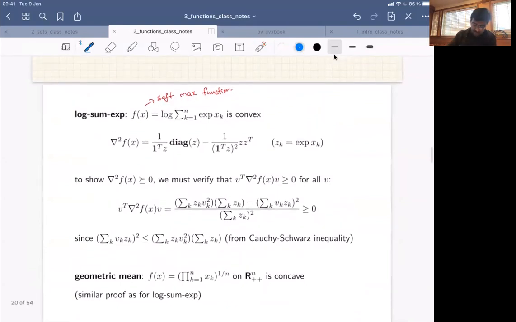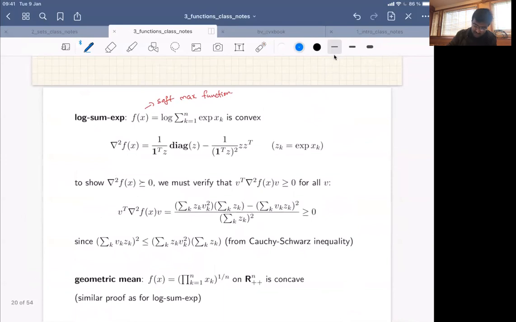Why? For example, you have x1, this guy, to be 1, 5, 10 or something, then you are taking the exponential of this. In this sum, of course, the largest guy will dominate. You have 1, 5, 10, and you are taking them as powers of e, so this will be very large compared to the other guys.